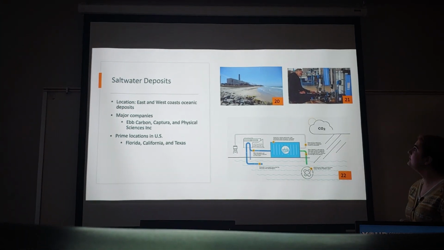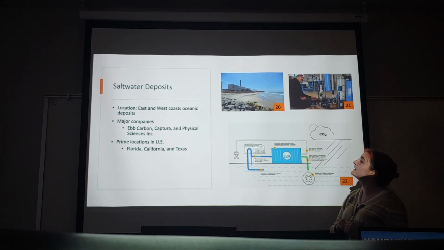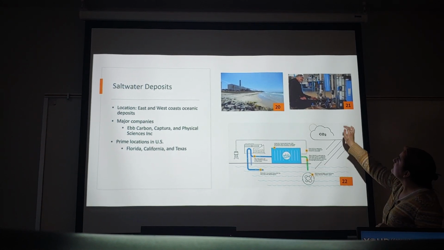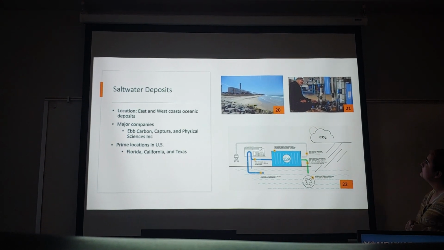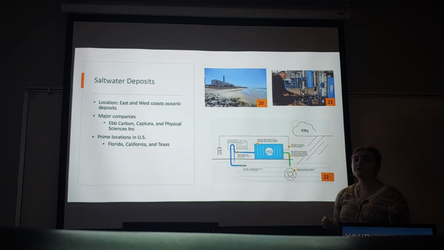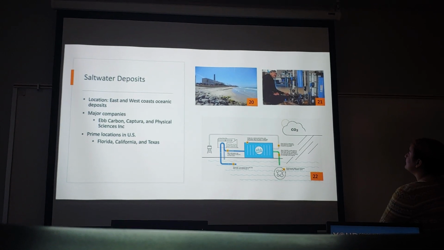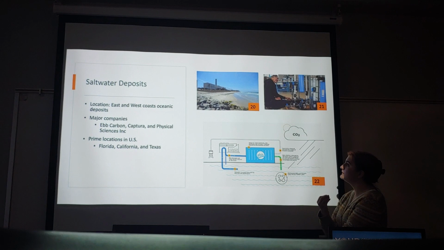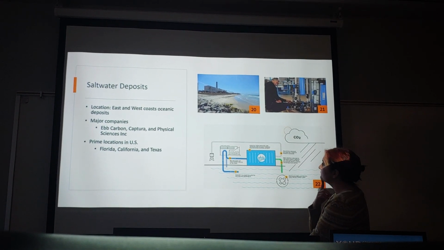All right, this picture above is showing a desalination plant in California. Right here, this little guy is the creator of Ed Carbon, a desalination plant company that is working to find different solutions and different ways of distributing drinking water.